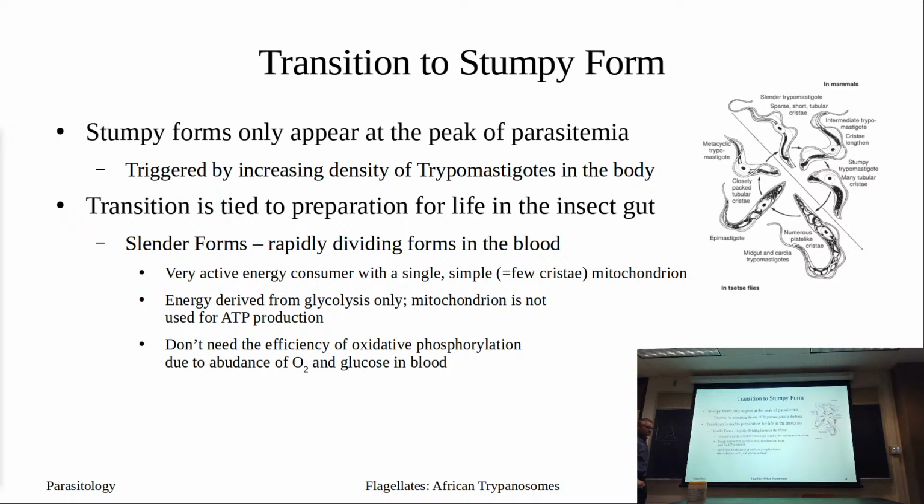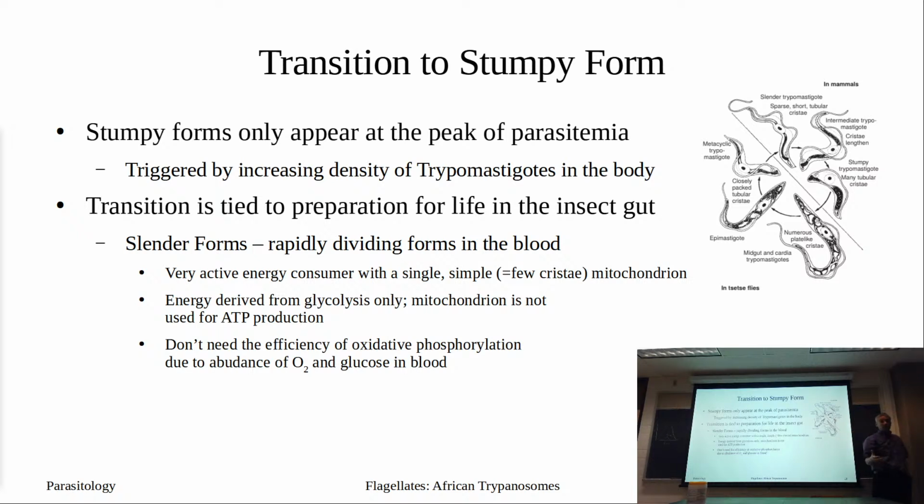All right, so there's probably something that triggers it where it can identify high densities in the host. And then that says, okay, we're at a high density. Some of our trypomastigotes are long forms that are replicating. Some of them have to start differentiating to our stumpy form.